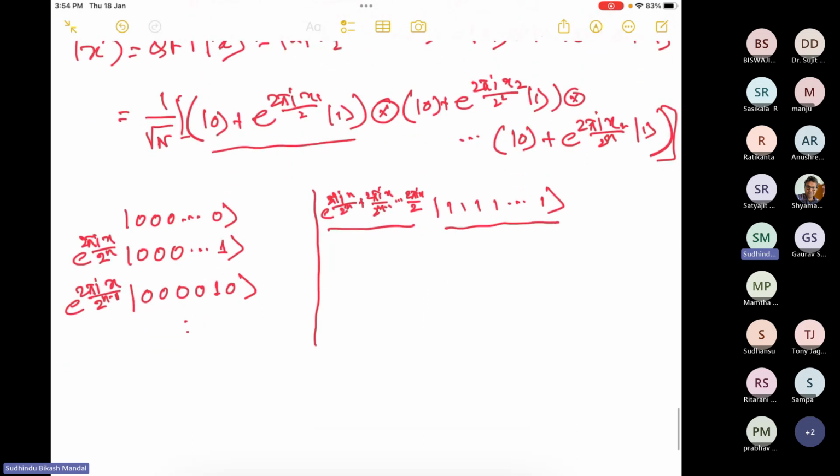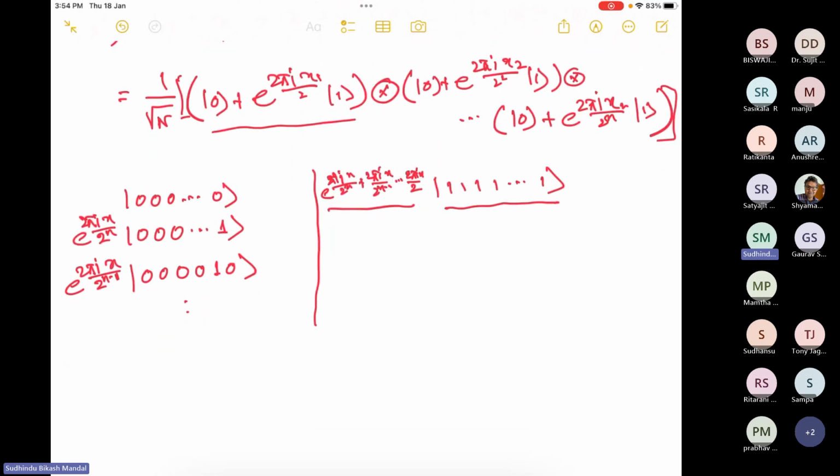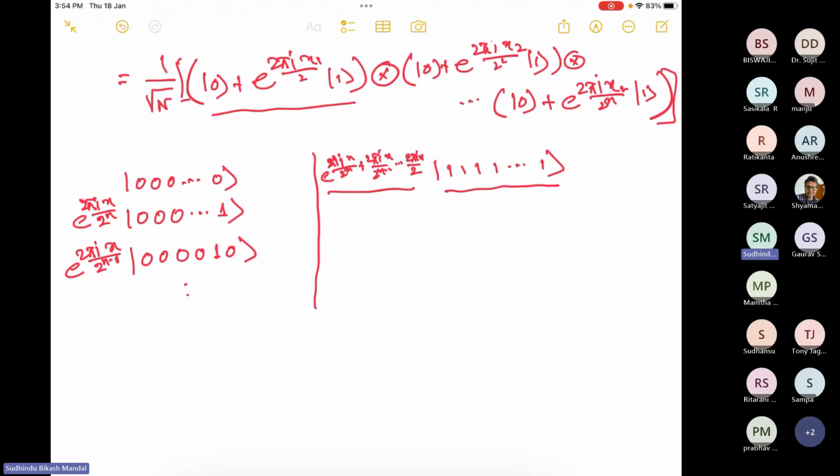Let's take another example. If we want to make a 2 qubit Fourier transformation, then there will be these two terms only. So in the example case, there will be a 2 qubit Fourier transform. So 2 qubit means 2 to the power 2, that is 4 terms will be there, and 2 to the power 2, and that means half.